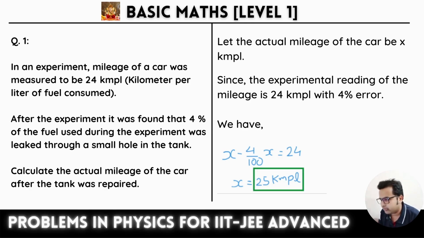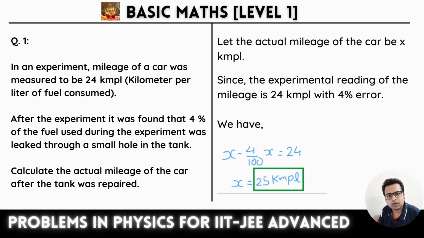It is very easy, we just have to calculate the actual mileage of the car. Let the actual mileage of the car be x kmpl. Since the experiment reading is 24 kmpl with 4% error, we can write that actual mileage x minus 4% of x is equal to 24. Because the experimental reading which we got, 24, is the reading with the leakage.